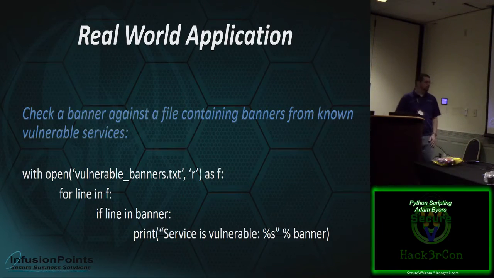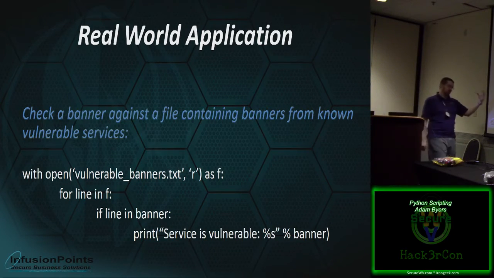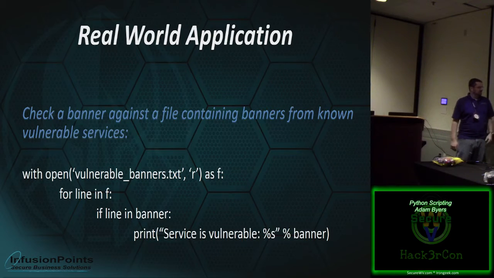And if our vulnerable banners.txt has maybe the banner separated by like three colons and then some kind of explanation for it, we can come in here and say, for line in f, vuln equals line.split by the three colons, index 0, description equals line.split, index 1.